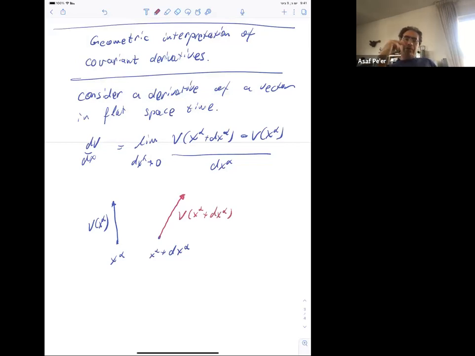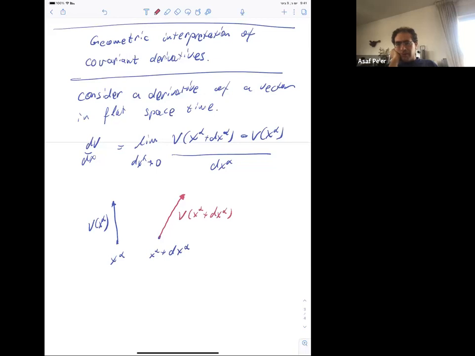Now, have you noticed something interesting? These two vectors do not belong to the same tangent space. One of them belongs to the tangent space at x alpha, and the other one belongs to the tangent space at x alpha plus dx alpha. So it's a different point.